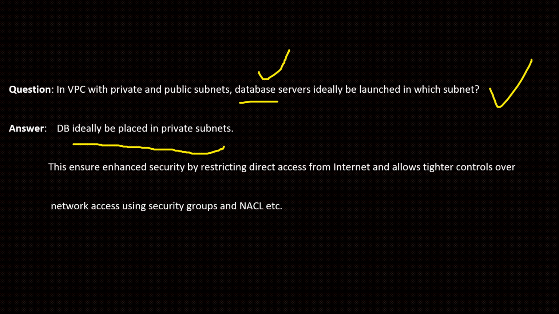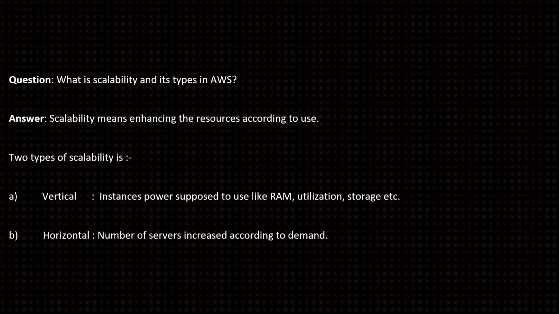This ensures enhanced security by restricting direct access from the internet and allows tighter controls over network access using security groups and NACL. What is NACL? NACL is the Network Access Control List. So the database is ideally placed in private subnets.